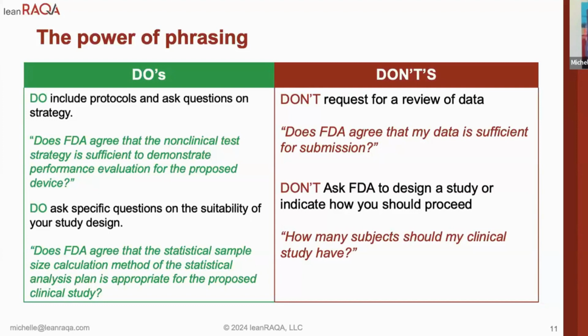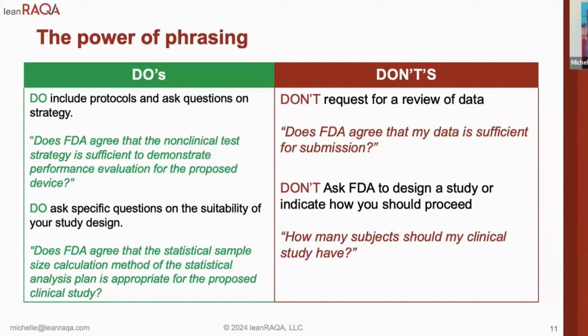So also you can ask specific questions on the suitability of your study or test design. So, does the FDA agree that the statistical sample size calculation method and the statistical analysis plan are appropriate for the proposed clinical study? As opposed to asking the FDA a more open-ended question about your study or test protocol, and just asking the FDA what they think, like how many subjects should my clinical study have?